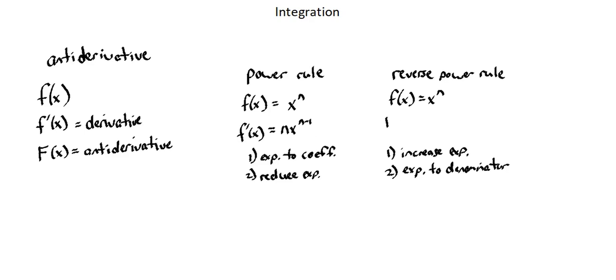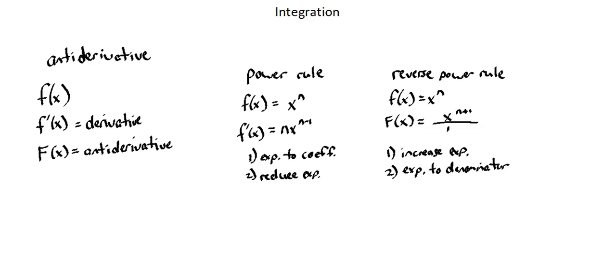So in looking at that process, the antiderivative, first I increase the exponent. So I have x to the power of n plus 1. And then I move the exponent to the denominator. Now notice that the exponent is now n plus 1.